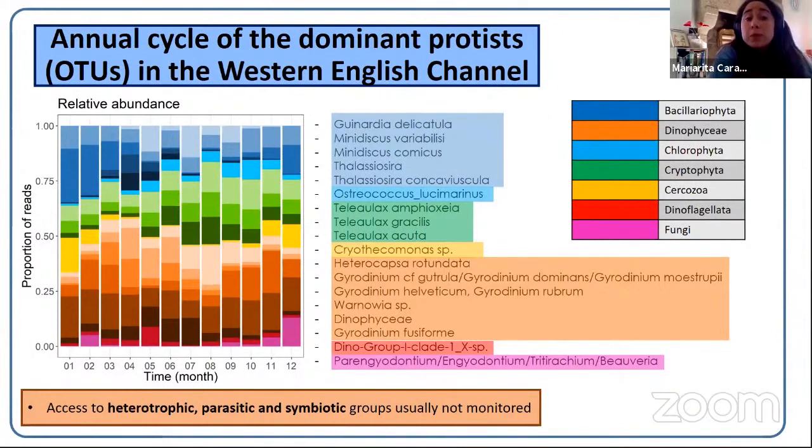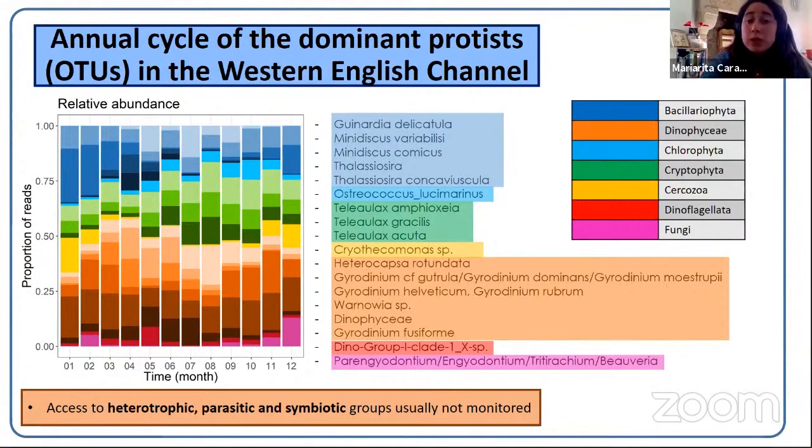In this case, we used the PR2 database, but of course, it's important for us to arrive at least to a genus or a species level for those groups that are the most important and dominant in the water. That's why we assigned manually through BLAST the sequences that were for us the most abundant.